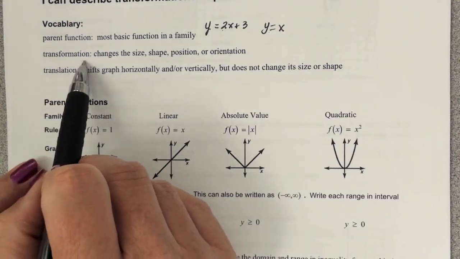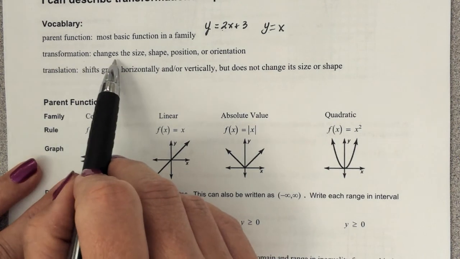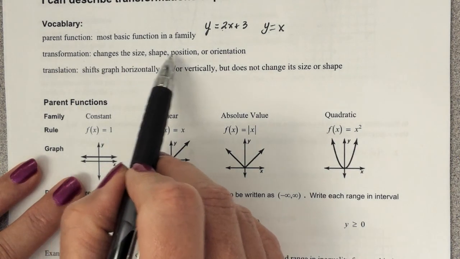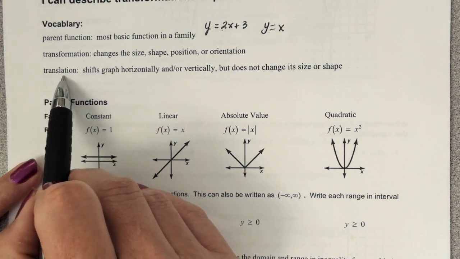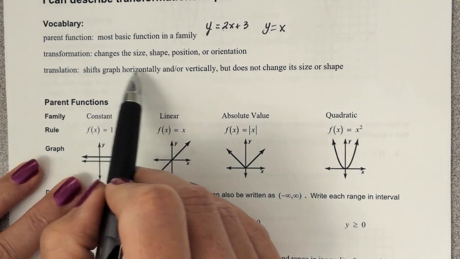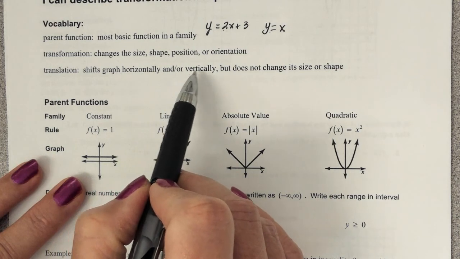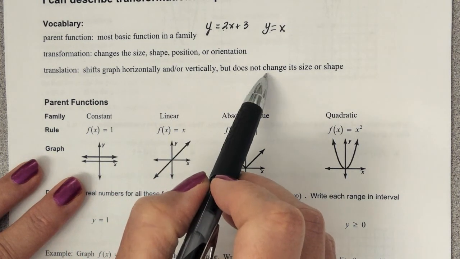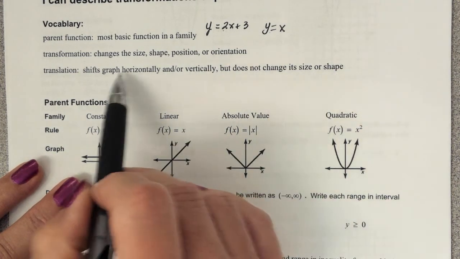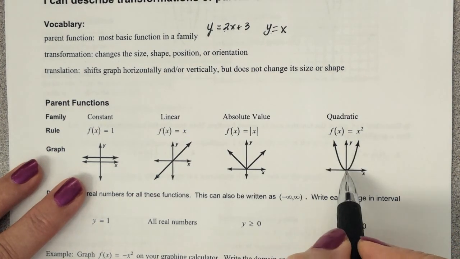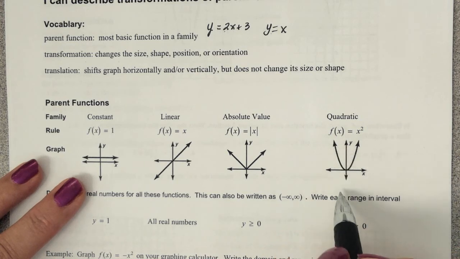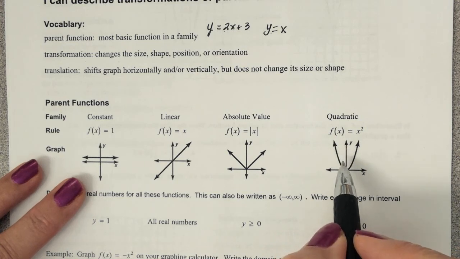So a transformation of a parent function is going to change the size, shape, position, or orientation. Whereas a translation is only going to shift the graph horizontally or vertically, but it doesn't change its size or shape. So a translation would be like if I came down here and took this parabola and just picked it up and moved it up or down, that's going to be a translation.